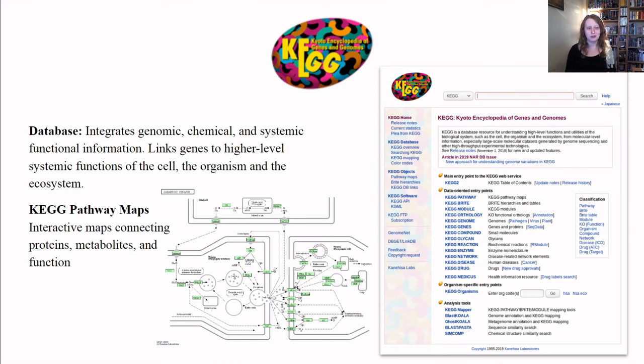Specifically, I'd like to point you towards the KEGG Pathways section, which I find to be fun to look at. This is essentially a collection of various maps showing various different functions in biology. I think here we're looking at a synapse. It shows you what proteins are doing what in different pathways.